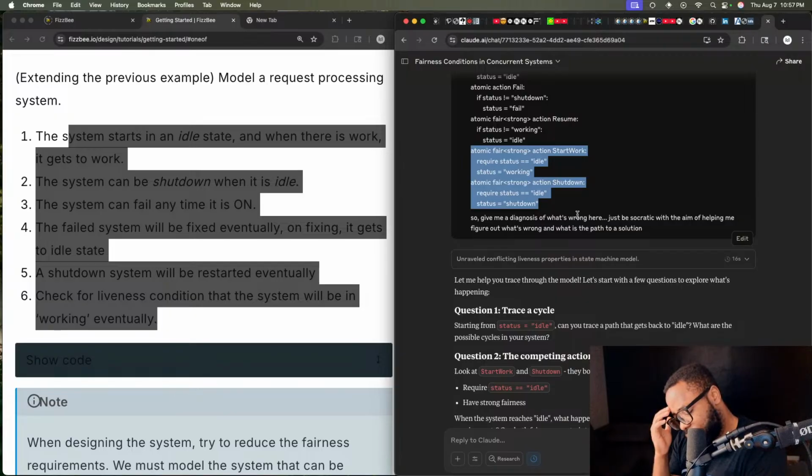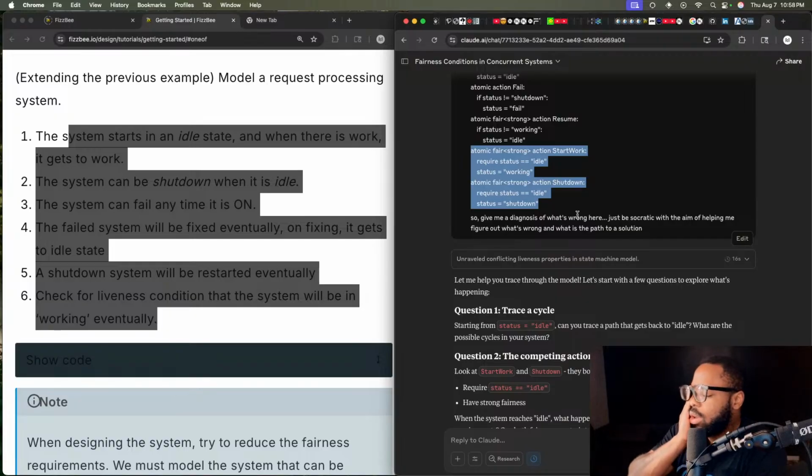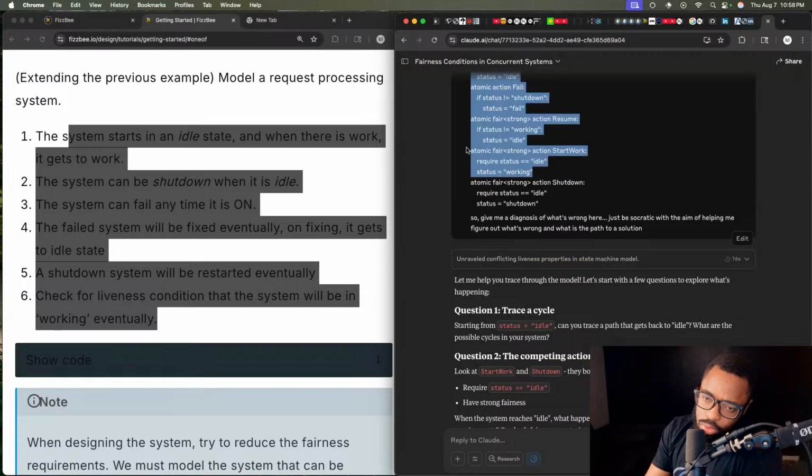Like, whenever you are idle, this is incredibly contrived, but if you're idle, then you can have a run where you pick this one, start work, and then the next one you do shut down.